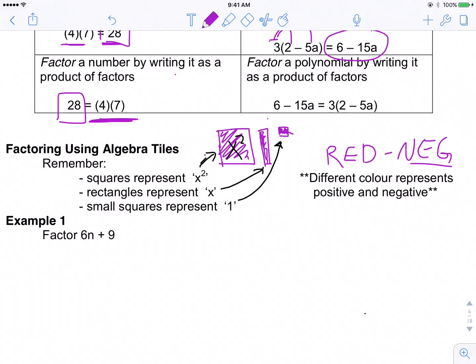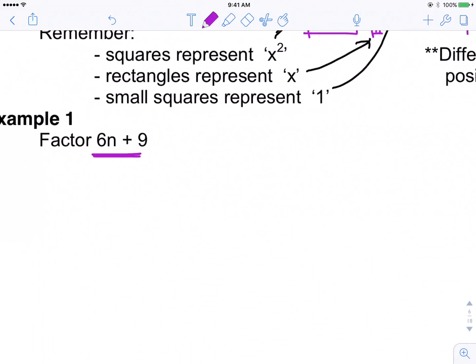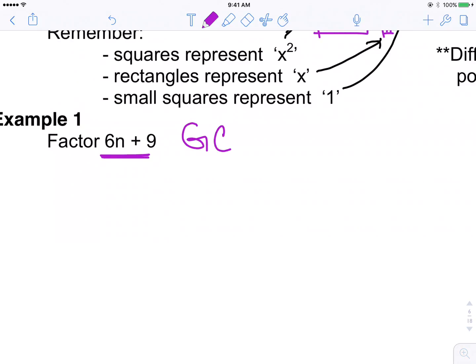Now we'll look at algebra tiles and factoring this 6n plus 9. I'm going to do three different ways to factor this. We'll look at algebra tiles last. What I'm going to look at first is using what we call the greatest common factor, which we've been looking at. The greatest common factor is what we want to factor out of something.